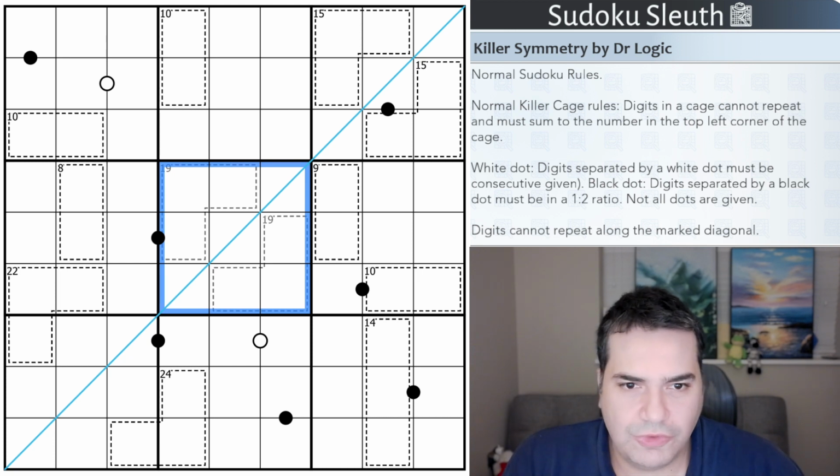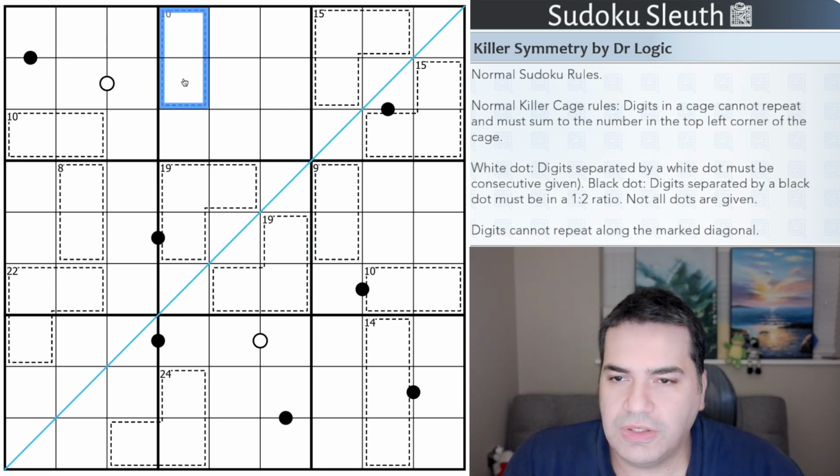I think Dr. Logic was intending to say if given, but I removed this from the screen. So if we take a look at this 10 cage outlined by the dashed line, it means that if this is a 2, this would have to be an 8 to make sure that these two cells add up to 10, the 10 being in the top left corner of the cage.